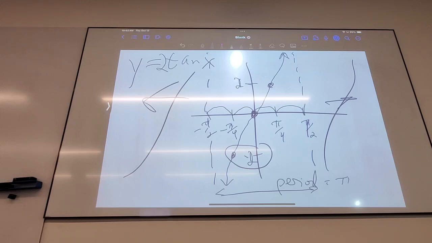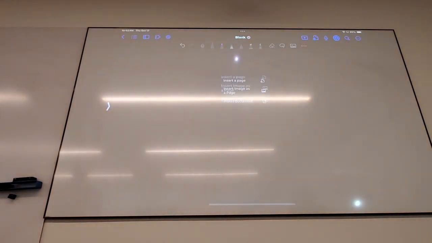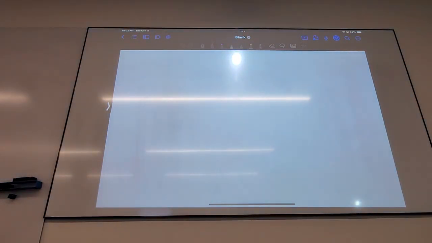So tangent and cotangent, it should not be surprising that the graph looks very different, because they're the 2 functions that are made up of 2 other trig functions. So of course they're going to be kind of weird. What's going to be different about cotangent? What's on the bottom of cotangent?